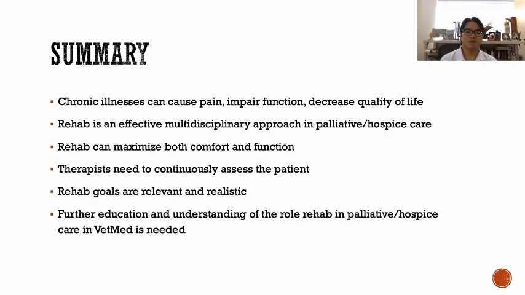Because rehab for palliative care and hospice care in veterinary medicine is new, we still need to do a lot of education about the role of rehab, and possibly do more research in this area to see how rehab would really benefit patients that require hospice care.